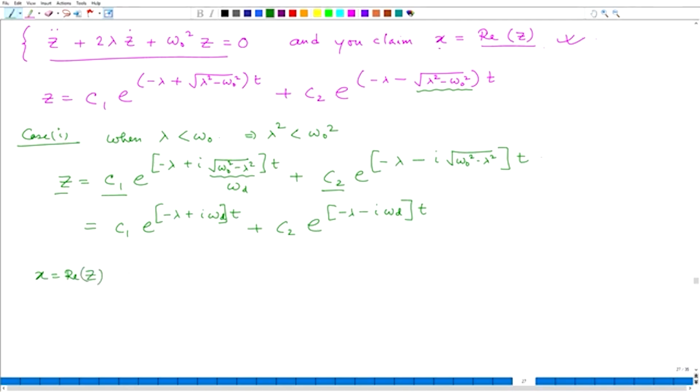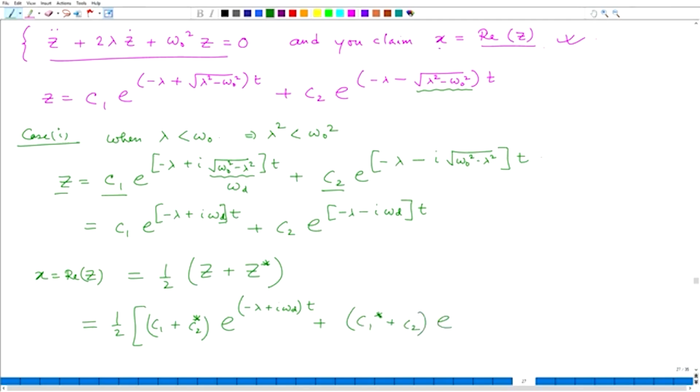Then you can say this is nothing but half of z plus z conjugate, and if you do it carefully, it will simply give you half of C1 plus C2 conjugate times e to the minus lambda plus I omega d t, plus C1 conjugate plus C2 times e to the minus lambda minus I omega d t.